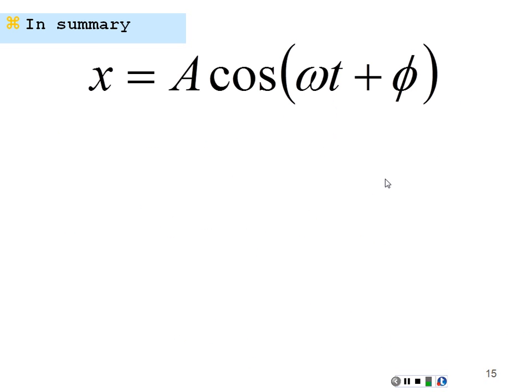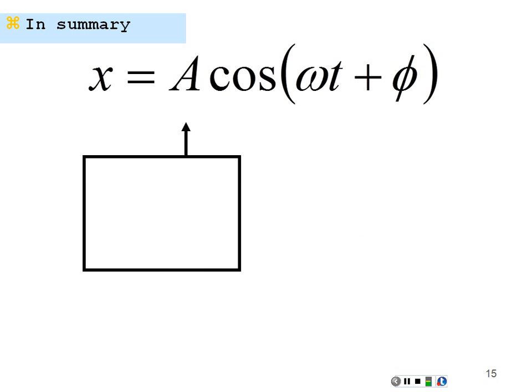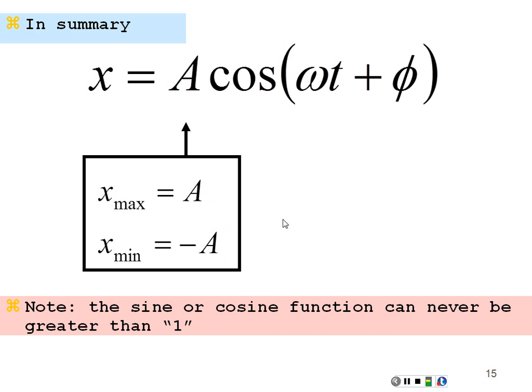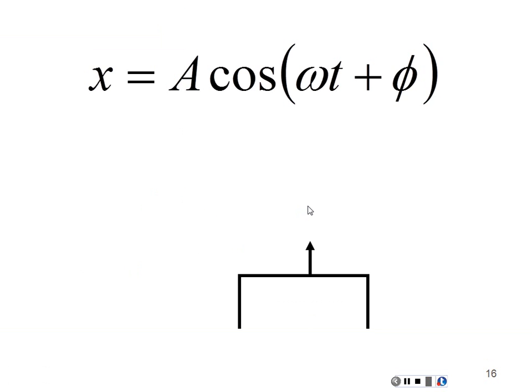In summary, I have a position designated by A cosine(omega t plus phi) as my solution to a differential equation that describes simple harmonic motion. My maximum is A or negative A on either side. You could say the minimum position is negative A. The sine or cosine function can never be greater than 1 because of that.